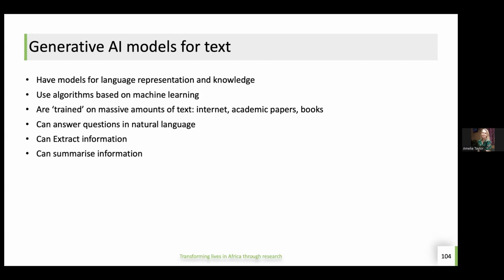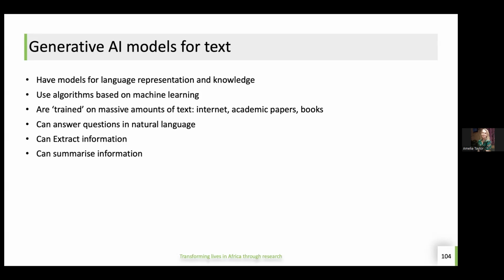And just to make a parenthesis here, the first models were trained on maybe Wikipedia or internet content, and they weren't very good because these sources are not curated. They are not checked as much as books might be and academic papers and so on.